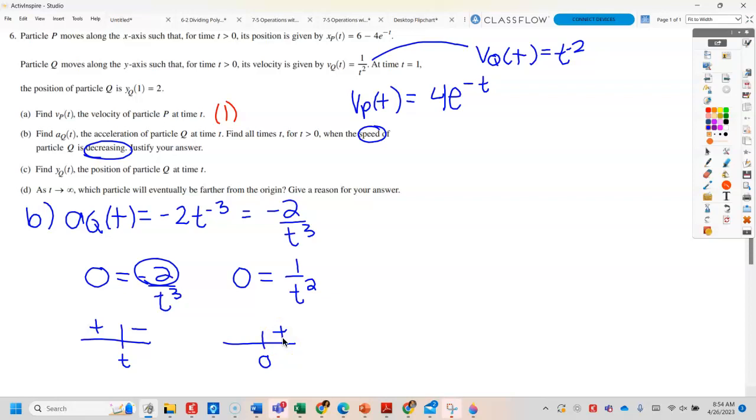So for all times greater than 0, acceleration is negative and velocity is positive. Therefore, the speed of particle Q is decreasing always. Because velocity and acceleration have opposite signs, the speed of the particle is decreasing for all t values greater than 0. Make sure you don't put equal to 0 because they did not include 0.